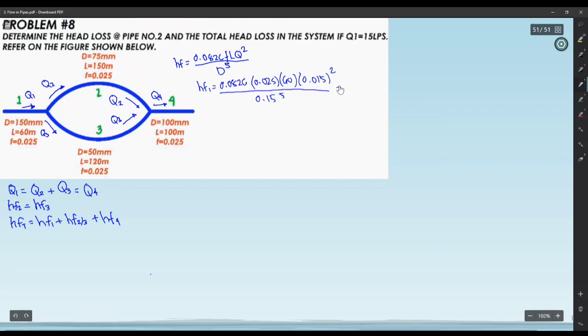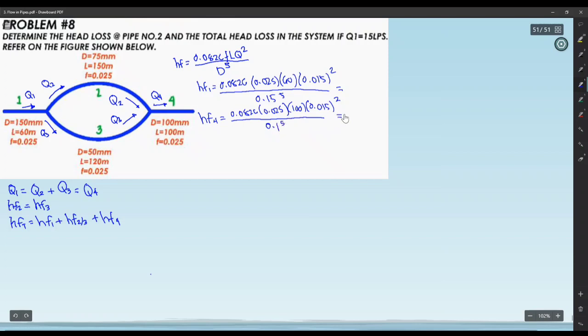Kunin na rin muna natin yung head loss para kay pipe number 4. So that is 0.0826 times 0.025 times 100, and then multiplied by 0.015 squared, and yung diameter niya is 0.1 raised to 5.